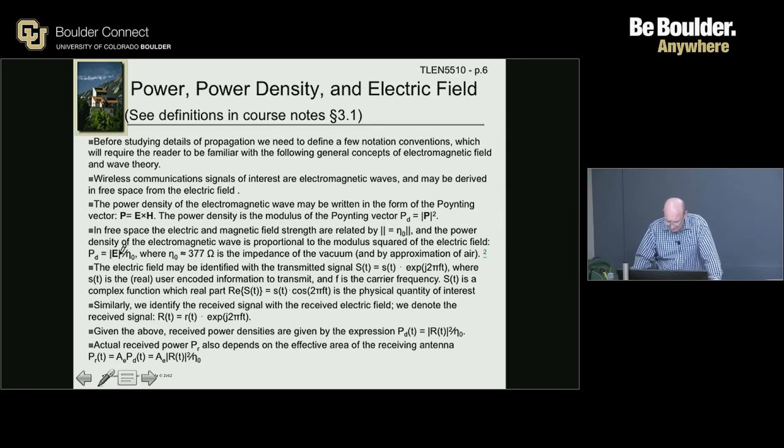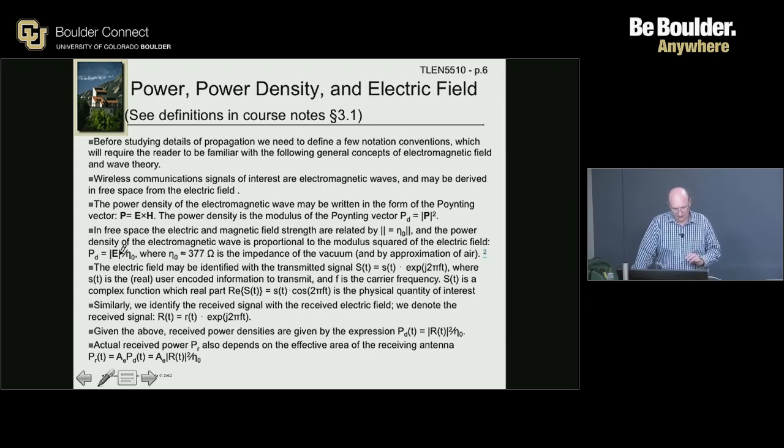Let's see, there should be an E here. Well, the ratio of the moduli is simply eta 0, or sometimes Z0, which in vacuum or in air is 377 ohm.